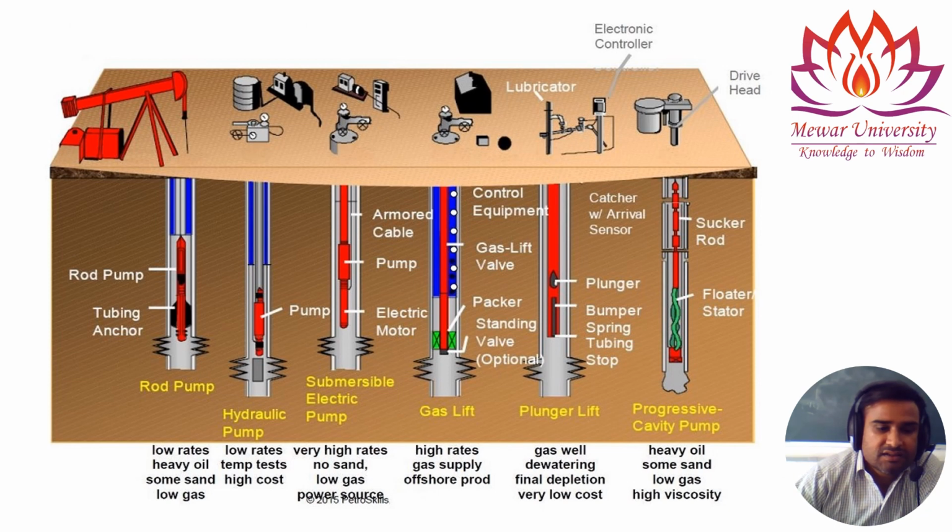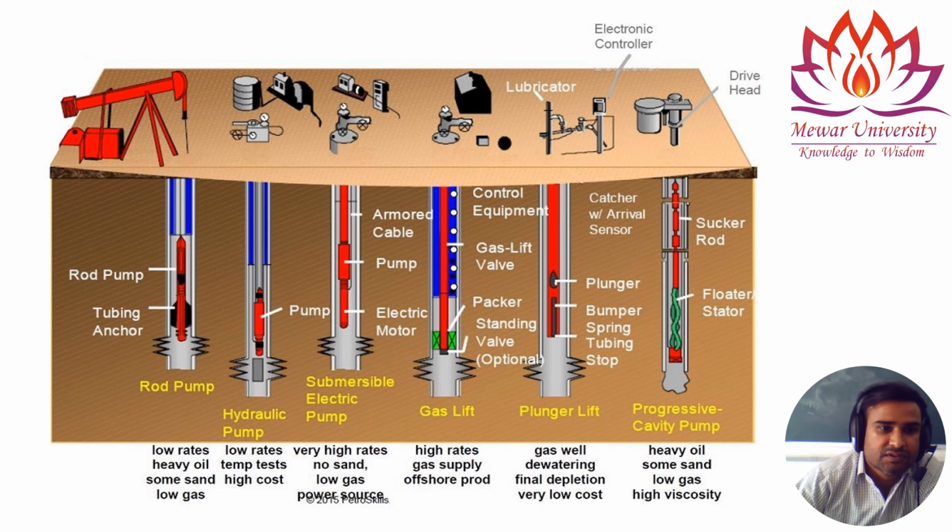These are the other artificial lifting equipments that can be used for different situations. You can see this is a sucker rod pump and this is a hydraulic pump. The hydraulic pump can be operated hydraulically, and this is the electrical submersible pump.